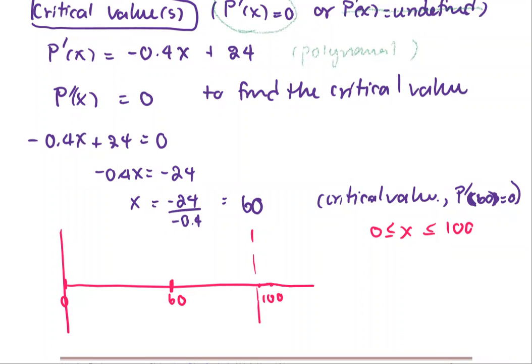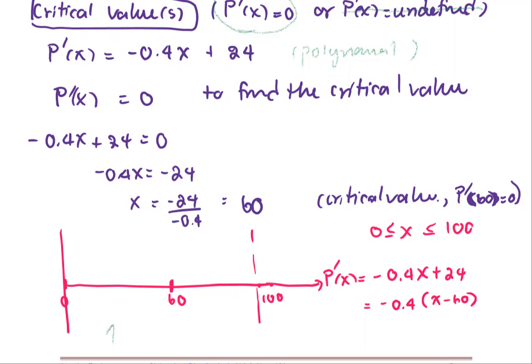This line represents P prime, and the expression for P prime is -0.4x + 24. If you factor it out, with negative 0.4 as a common factor, we have -0.4(x - 60). When you write it in factored form, it's easier to determine the sign of P prime.